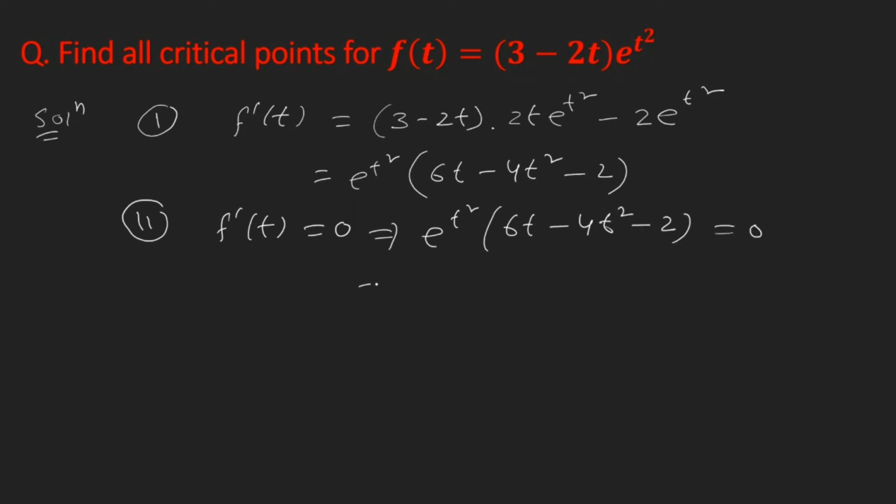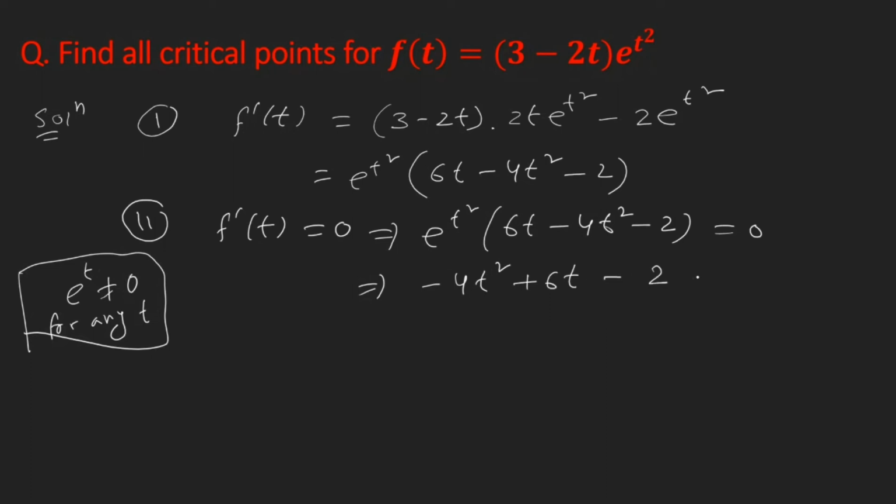Second step, f dash t is equal to 0 implies e to the power t square times (6t minus 4t square minus 2) is equal to 0. Now e to the power t square is never 0 for any t. So this implies minus 4t square plus 6t minus 2 is equal to 0.